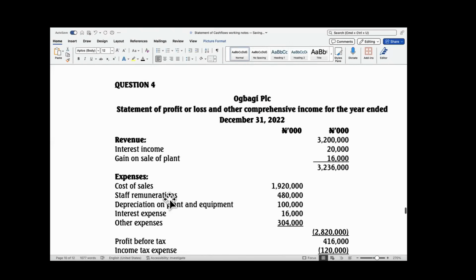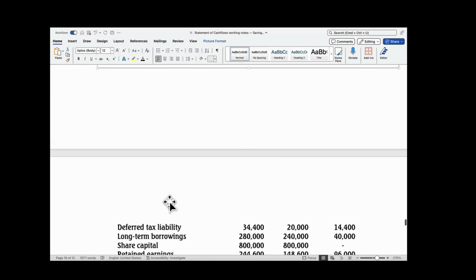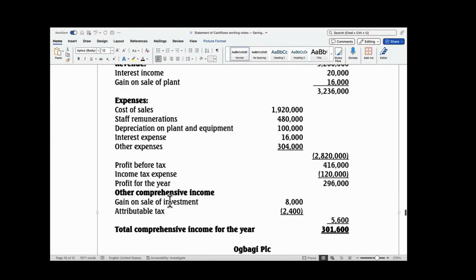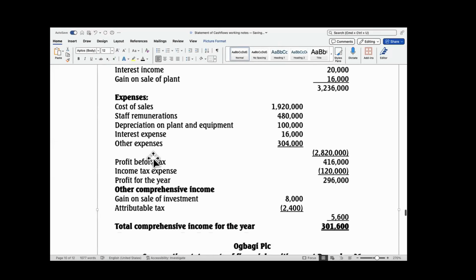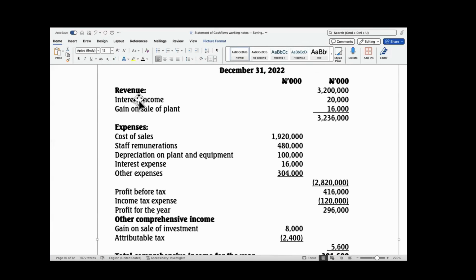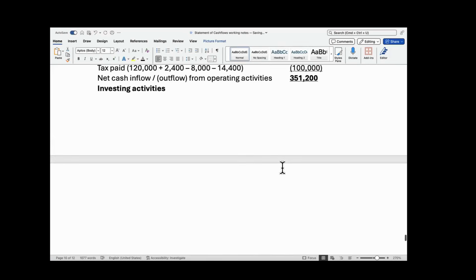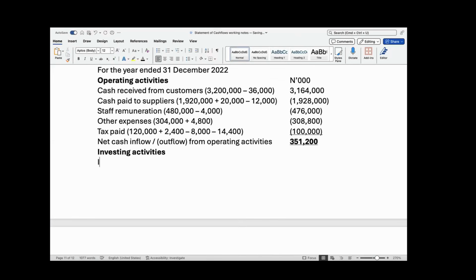Okay. This one I'm working on. Yeah. So there are some items like this interest expense. Okay, that one will go to financing. I think there was interest income. Let me go and put it there first and get the cash element of that first.